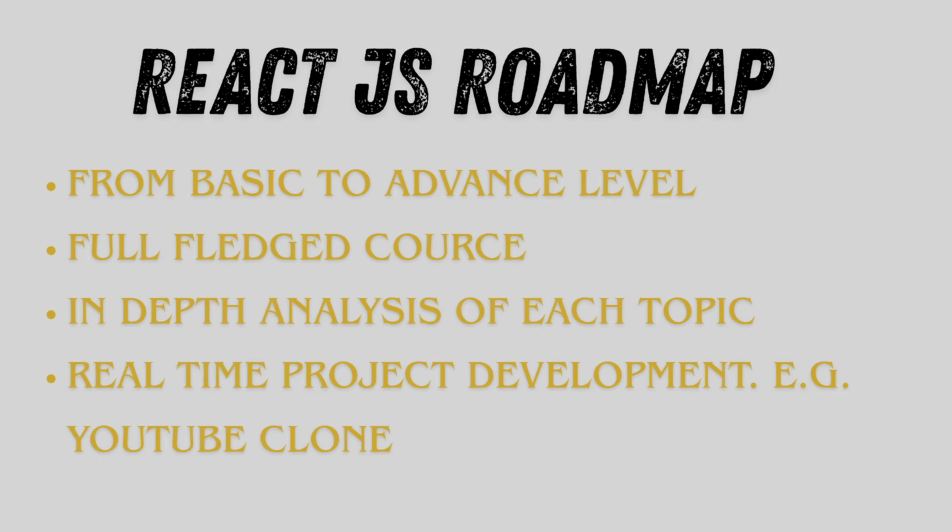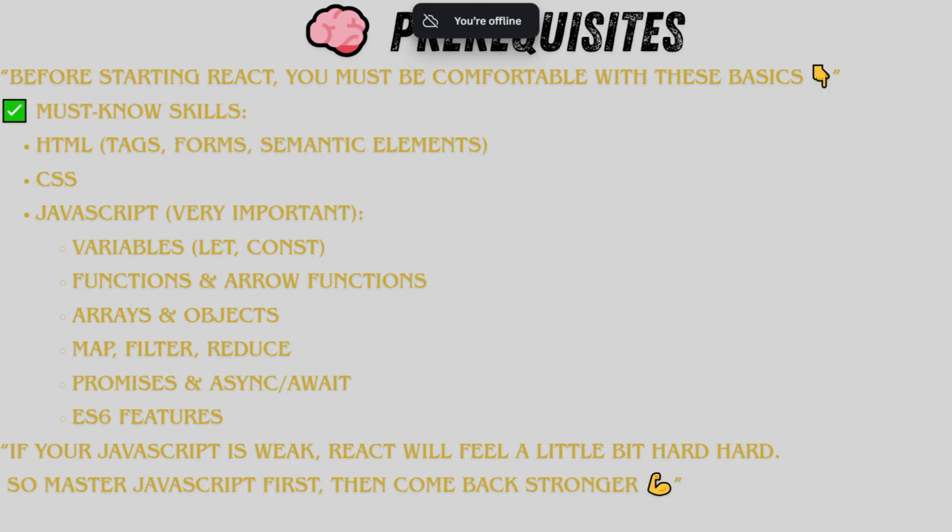ES6 features are basically ECMA 2015 JavaScript features. They include the function, arrow function, promises, async and await.